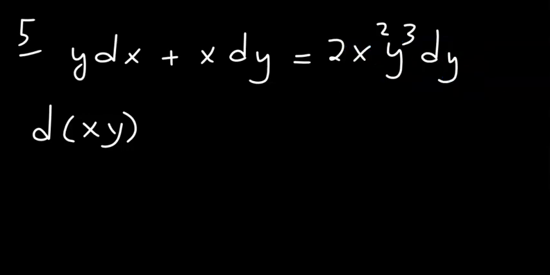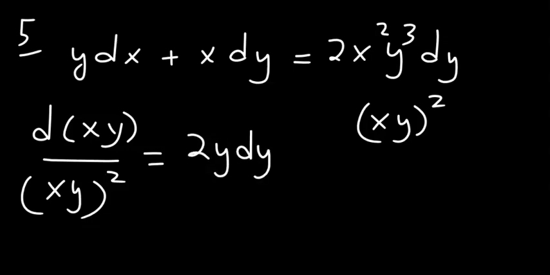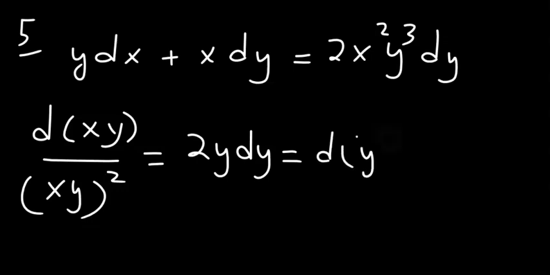If we divide both sides of this equation by, let's say, xy squared, then the left-hand side would have d(xy) over xy squared, and the right-hand side is just 2y dy. And the right-hand side can be written in a differential form in the following manner. It is just d(y squared). Now we can integrate both sides immediately.